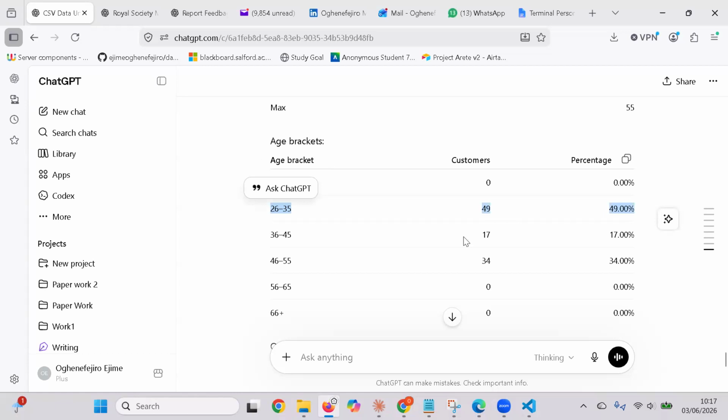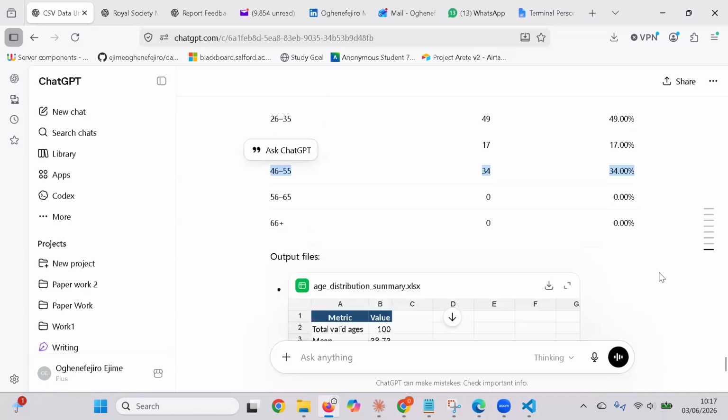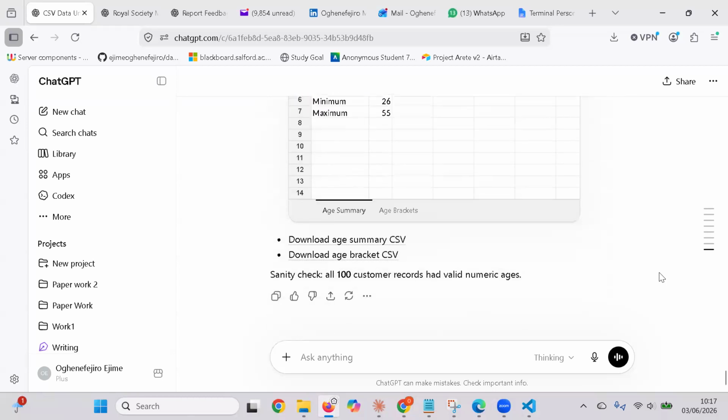Again, we have 17, which is not really bad. Again, 46 to 55 is another age group that is really interested in our product. People from 56 to 65, we have zero of them. 66 plus, we have none of them. So if you sum all this together, this gives you 100% of our data set.